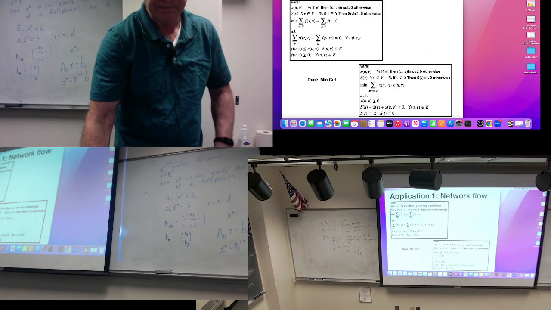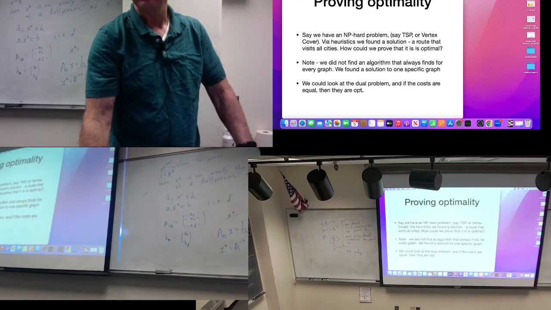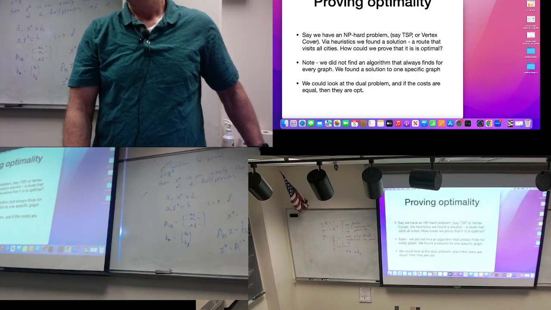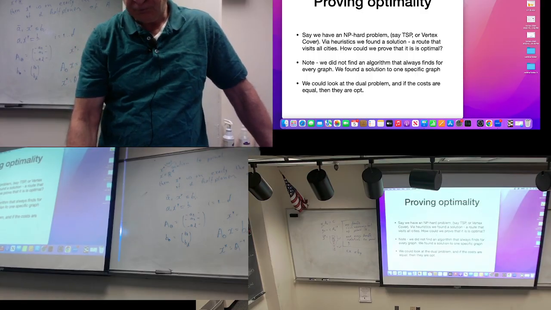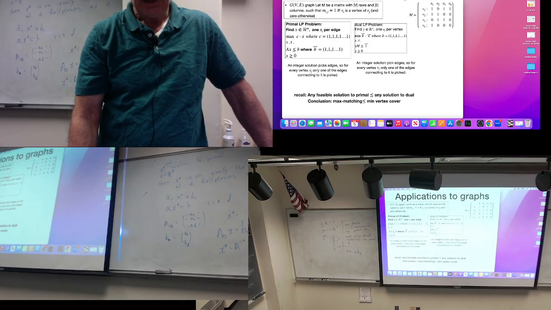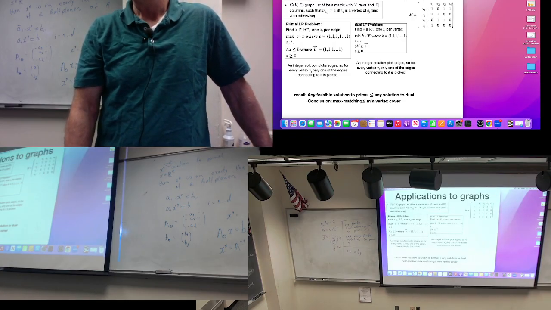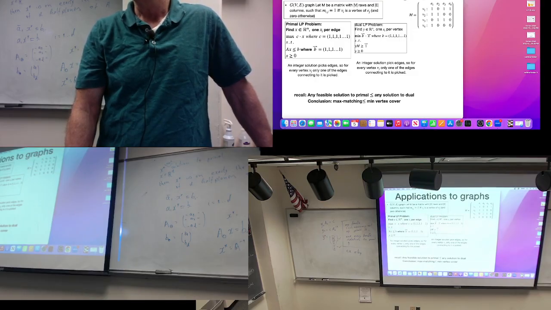We talked about min cut versus max flow, that these problems are dual to each other. And let's see one application to graphs before we get back to column generation.